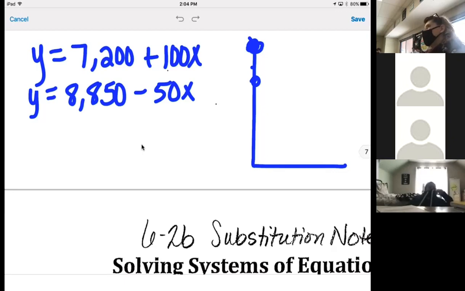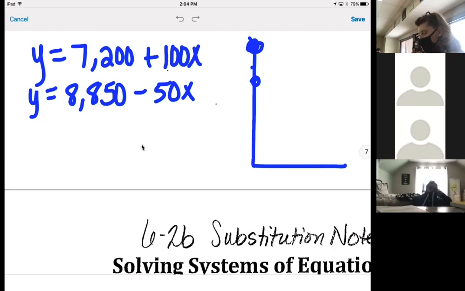Sometimes it's easier to solve by elimination. That's if x's and y's are all on the same side. You're going to have to get comfortable with deciding which method to use, but you don't know that one yet.